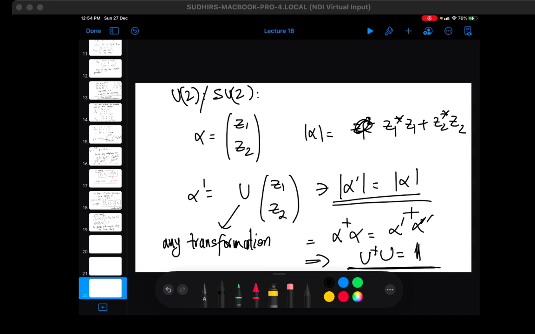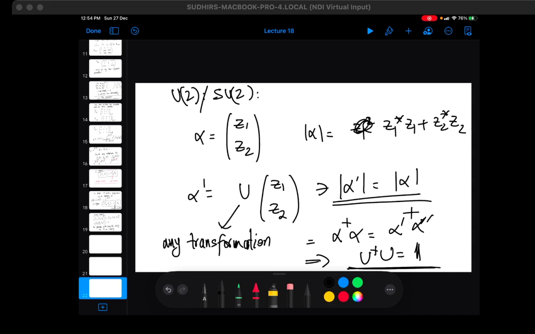In the case of complex vector spaces, the transformation is such that the modulus of the vector is conserved. This automatically leaves you not with orthogonal transformations, but with transformations that preserve the modulus of the vector, which are essentially unitary transformations, which we have seen.